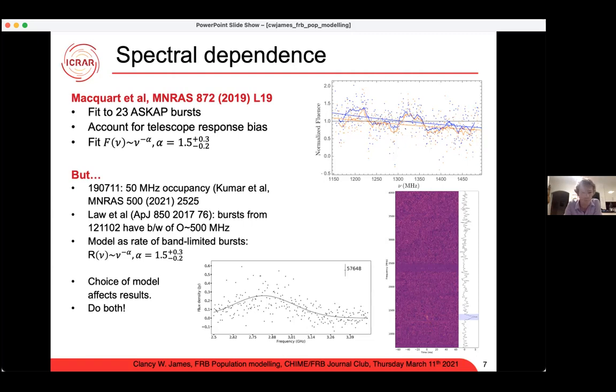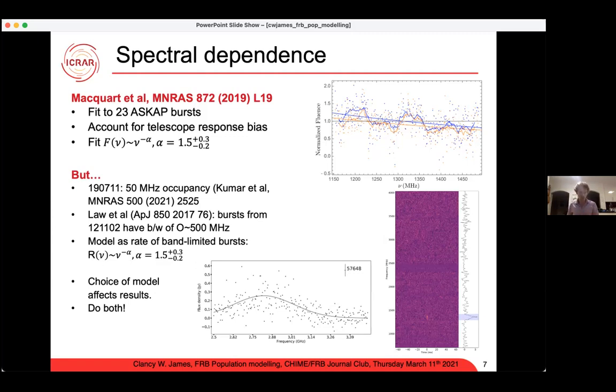So in that case, the interpretation would be that you have band-limited bursts with a frequency-dependent rate, right? So the rate varies as a function of frequency, and then you have band-limited bursts that sit in narrow frequency bands.